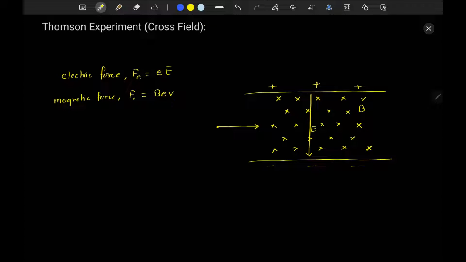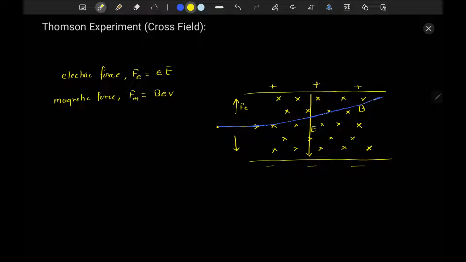The electric force, according to the figure, will be directed upward, due to which the path of the electron may be deviated in upward direction. And the magnetic force will be directed in downward direction.